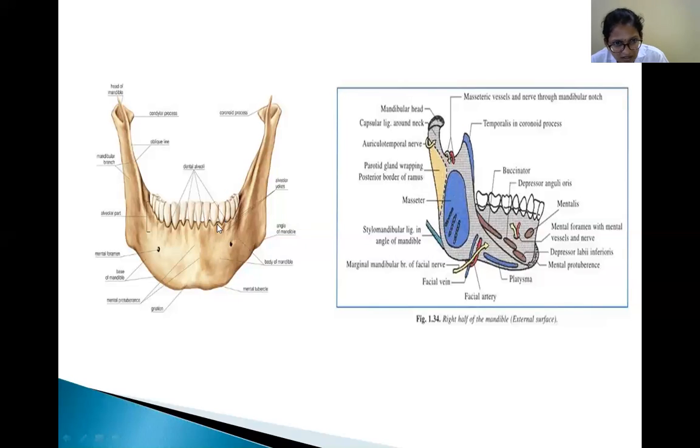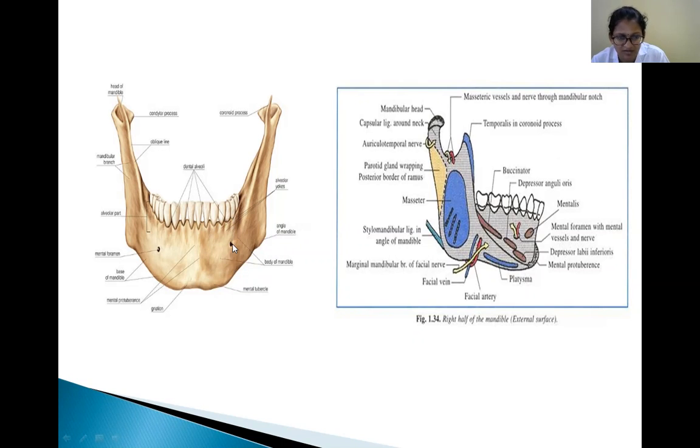And next, below the second premolar teeth, we are going to see a foramen. This is the mental foramen.